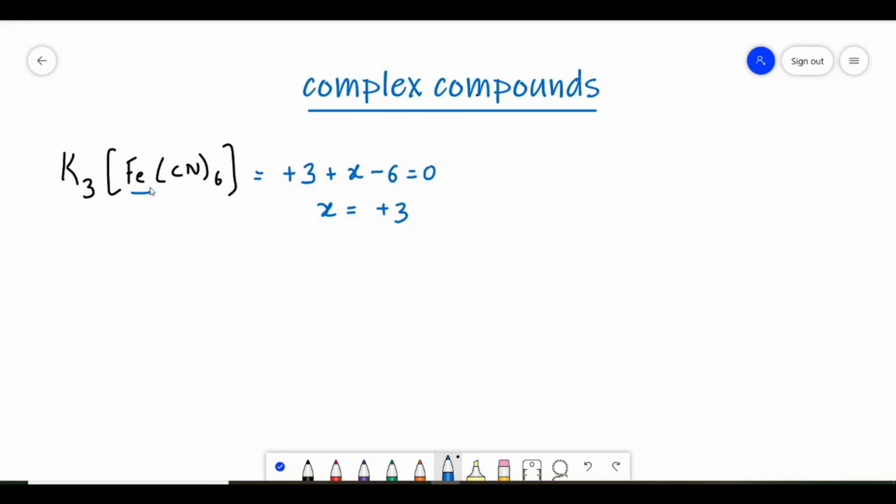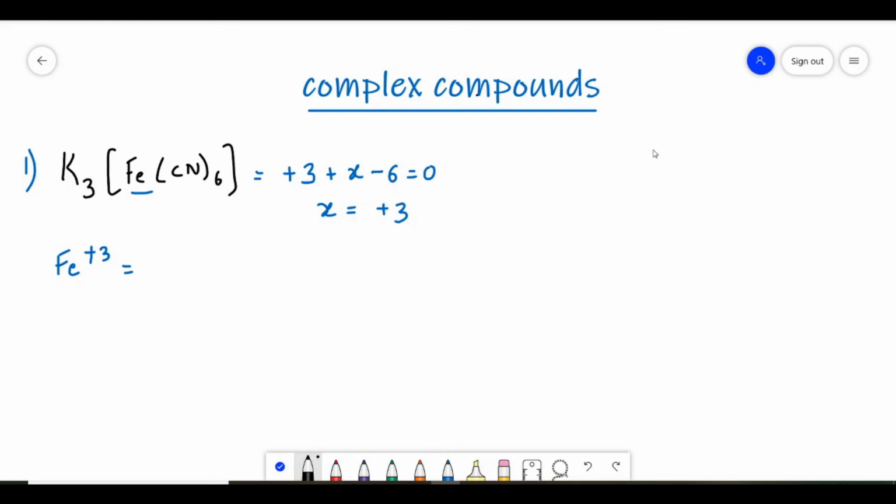Along with this, we must also know how to write the electronic configuration of iron when it has a +3 charge, so Fe3+. Let us write the configuration of Fe3+.